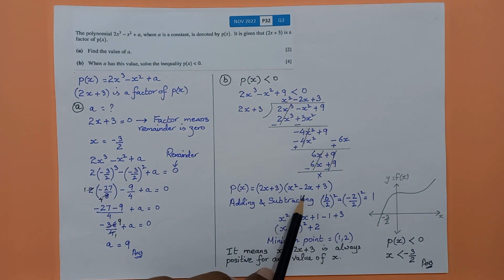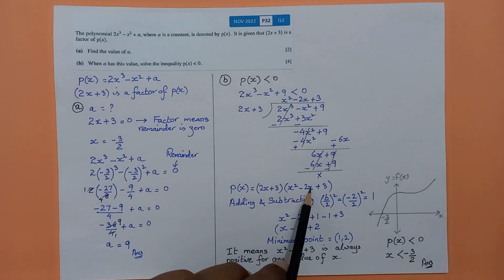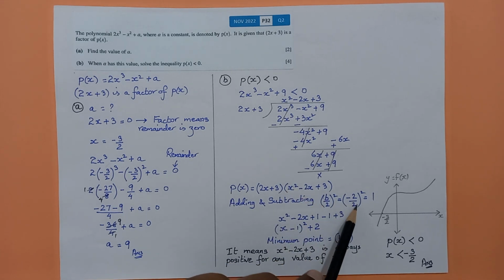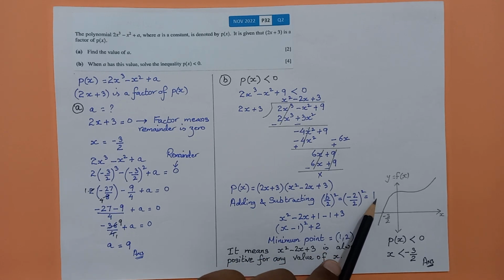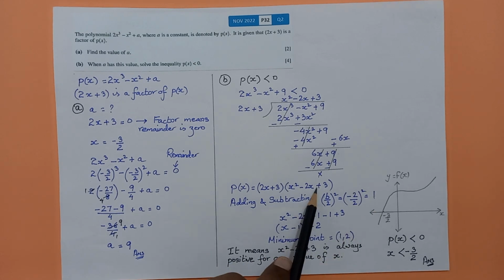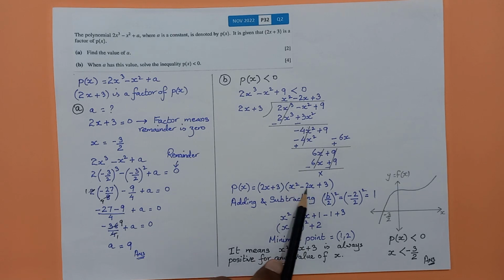So after converting this quadratic equation into a completing square form, because the coefficient of x square is 1, dividing the coefficient of x, which is negative 2, by 2 and then squaring it gives 1. So add 1 and subtract 1 inside this bracket: x square minus 2x plus 1, adding and subtracting, and 3.